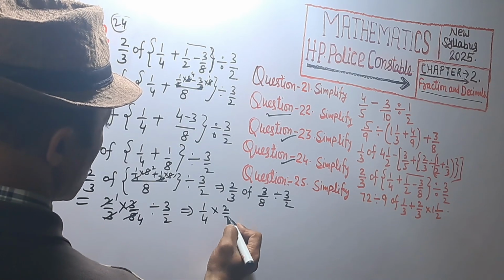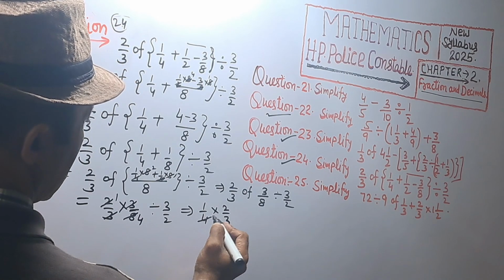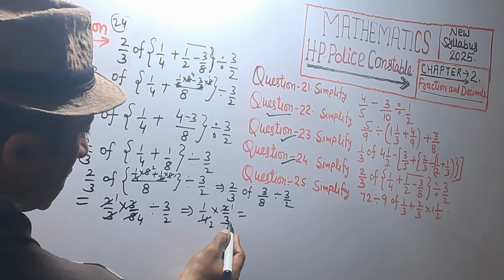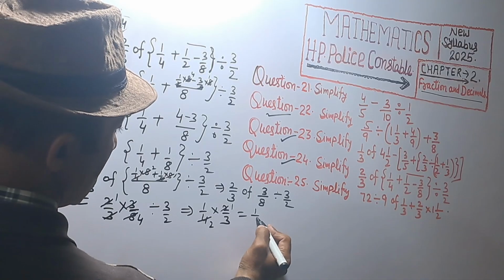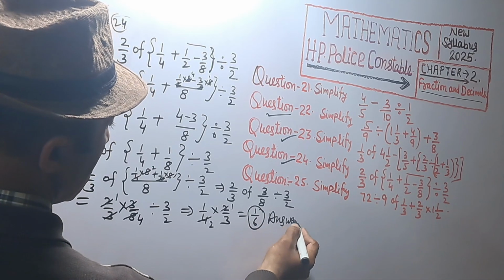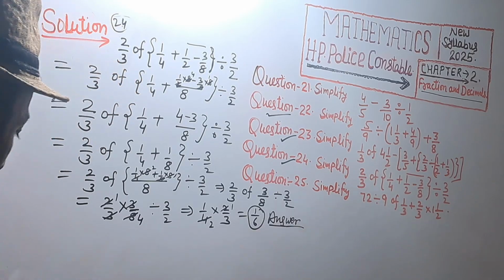So we can write it as 2 upon 3 and cancel. 2 1s are 2, 2 2s are 4. We get 3 into 2, 1 upon 3 2s are 6. Answers.